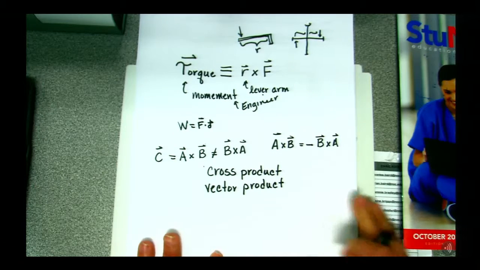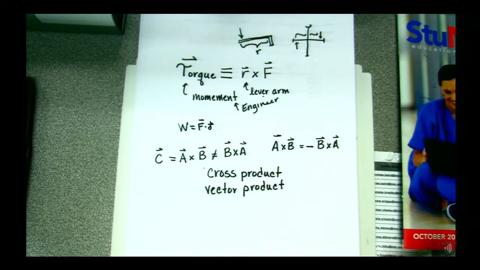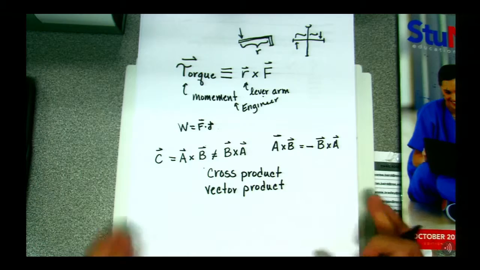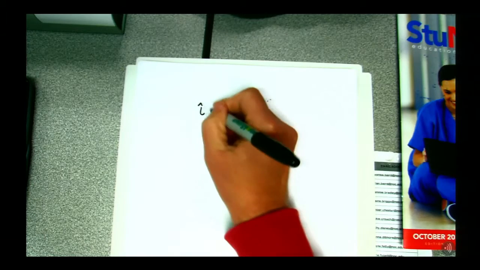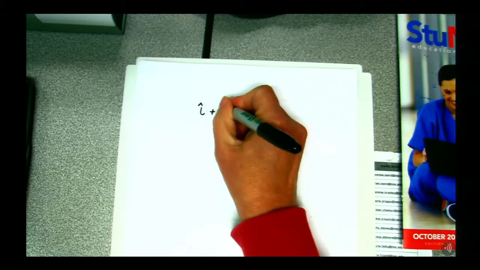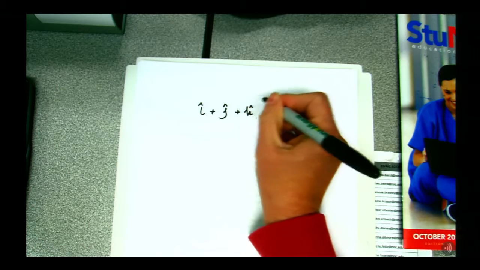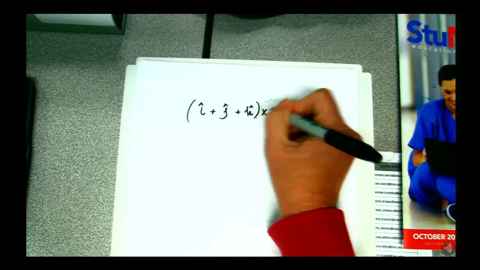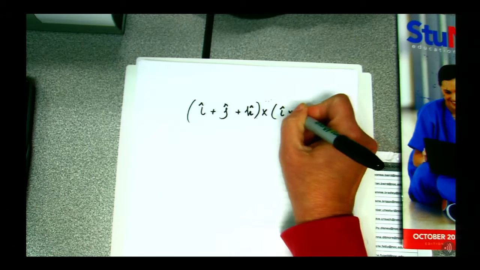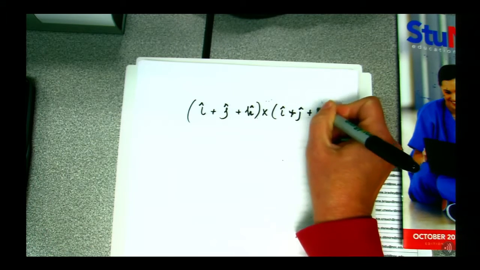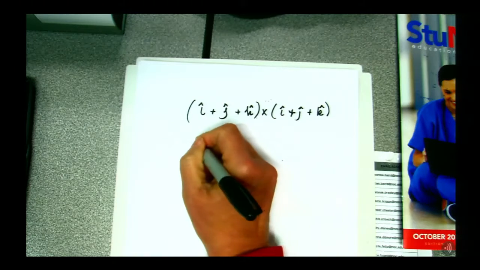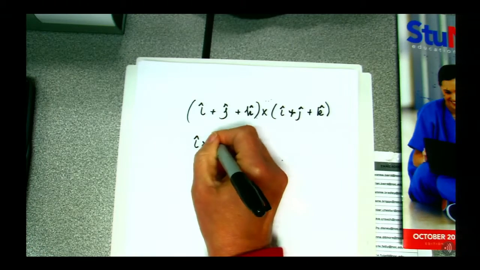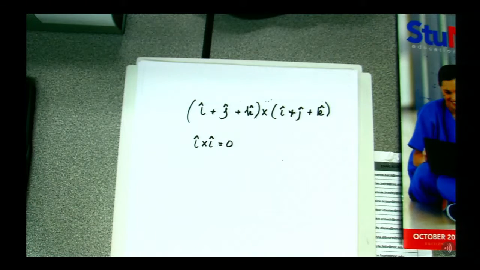And if you remember, somewhere along the way when we dealt with vector products, if I have an I plus J plus K, and I did a vector product with another I plus J plus K, I get an I cross I that equals 0, mathematically.